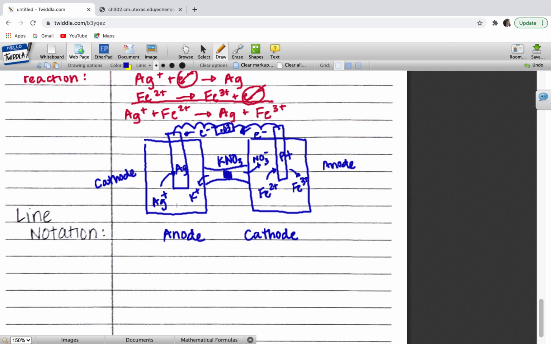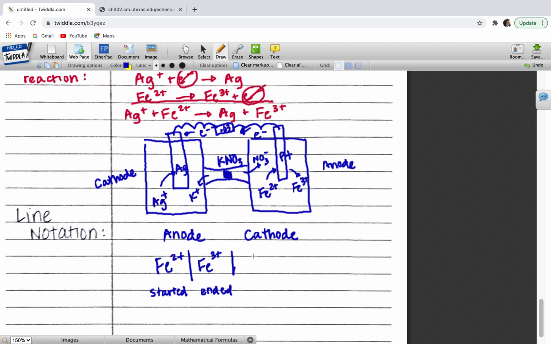Now this is the anode over here, so this is how I'm going to write it. Fe2+ is becoming, line, Fe3+. So this is how it started at the anode, and this is the product that we ended up with.